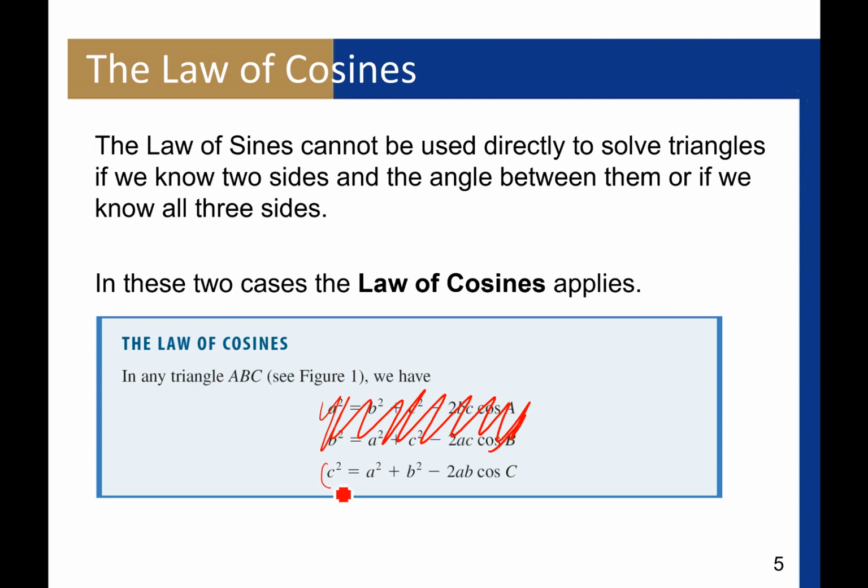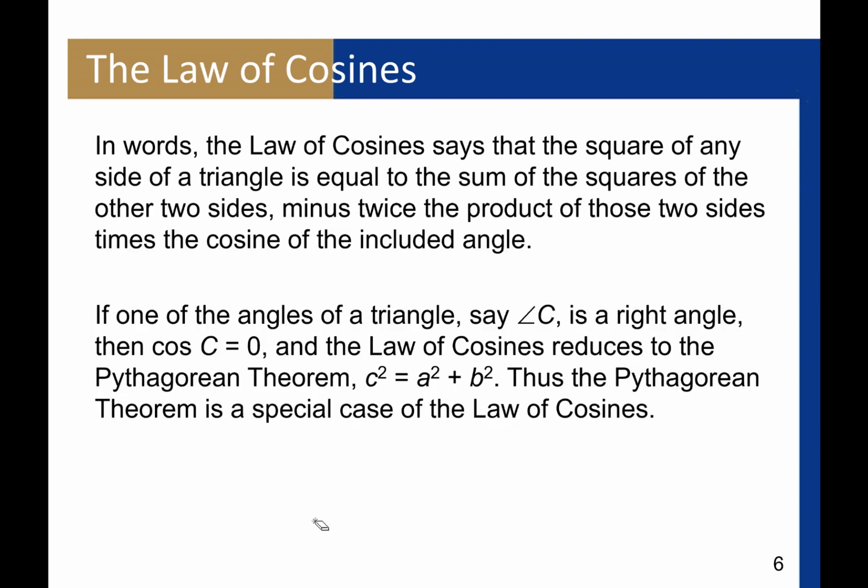Notice we have the length of side C and the measure of angle C at complete opposite ends of our equation. We are going to use the law of cosines when it comes to side, side, side. That's going to be the trickier one, the more tedious calculation, I guess. Or side, angle, side, that's going to be the easiest one.